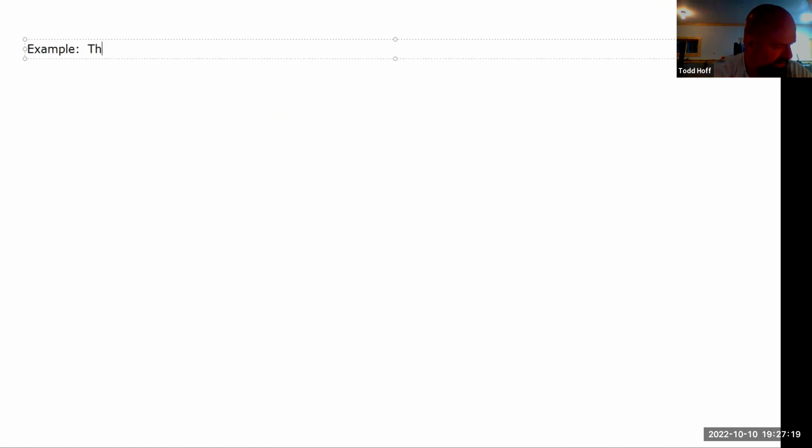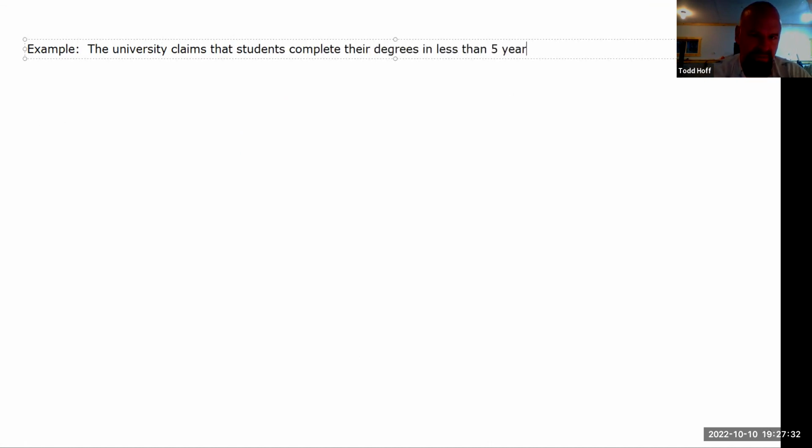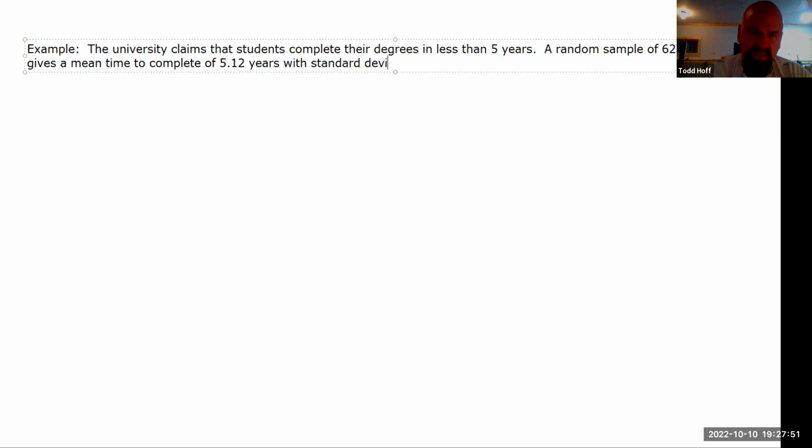So our example is the university claims that students complete their degrees in less than 5 years. A random sample of 62 graduates gives a mean time to complete of 5.12 years with standard deviation of 0.78 years.